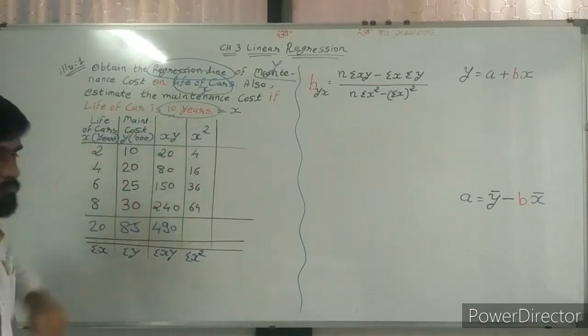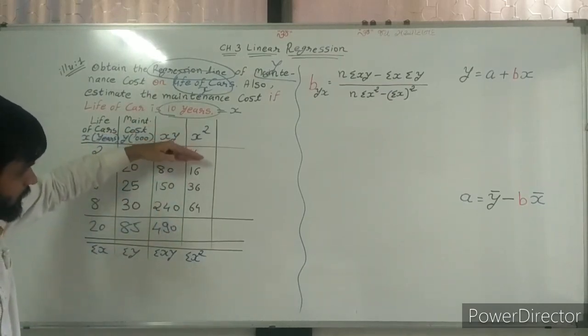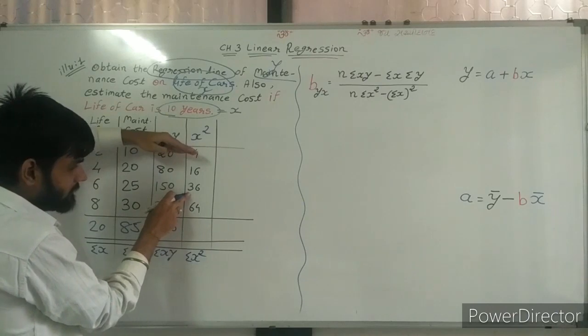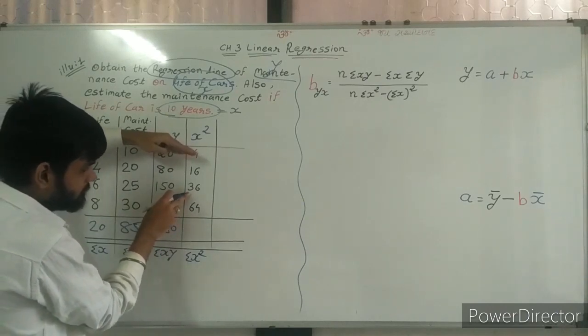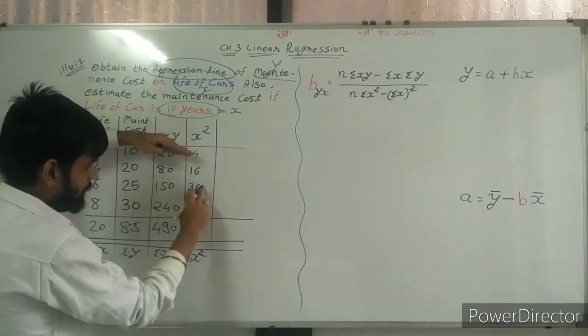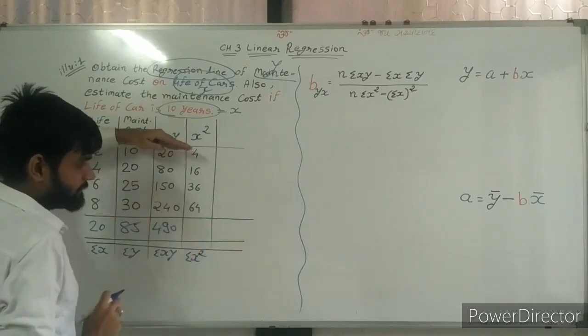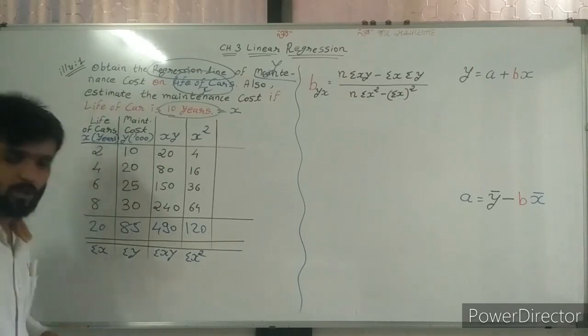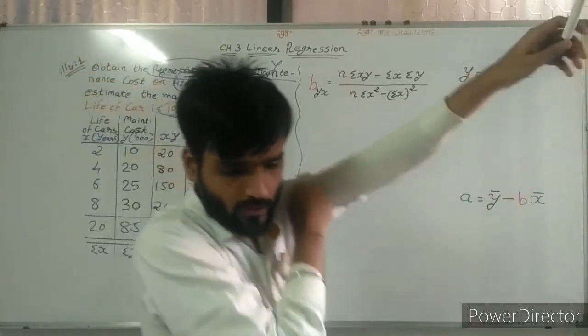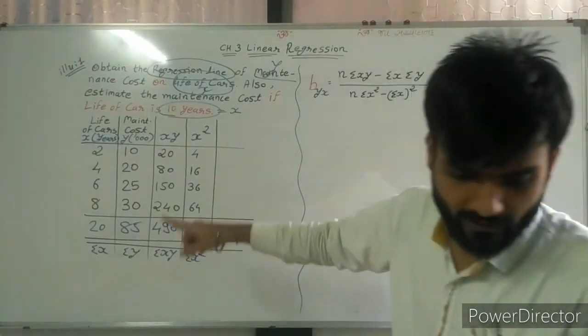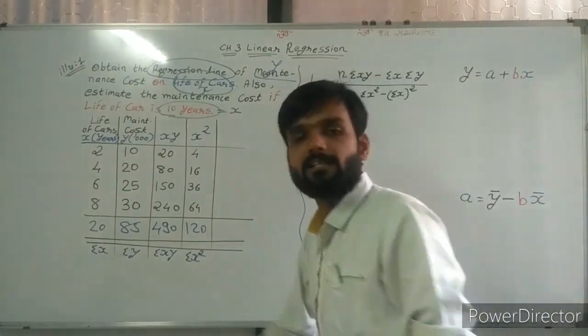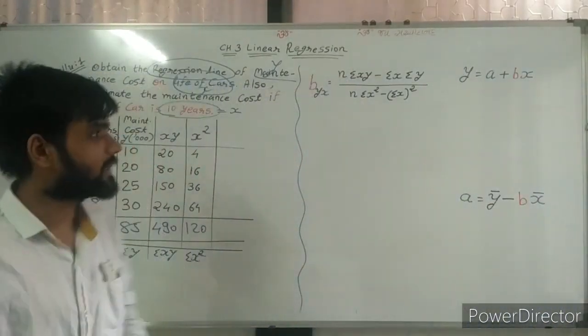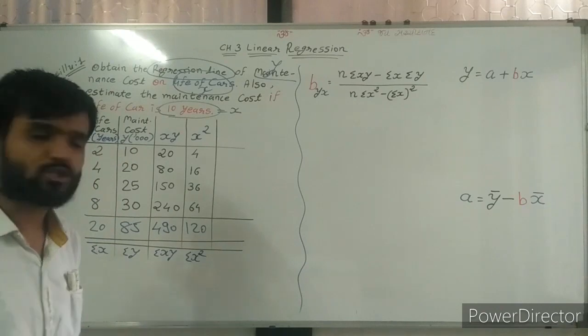Total of this: 16 plus 4, 20. 20 and 30, 50. 50 and 10, 60, 60 and 60, 120. Now you can do it in your calculator also. You can use a calculator and find the value. That's it. Now sir, replace values in the formula.